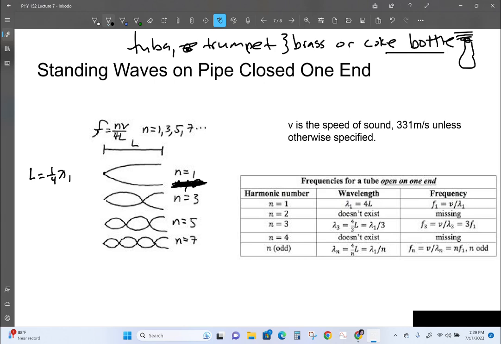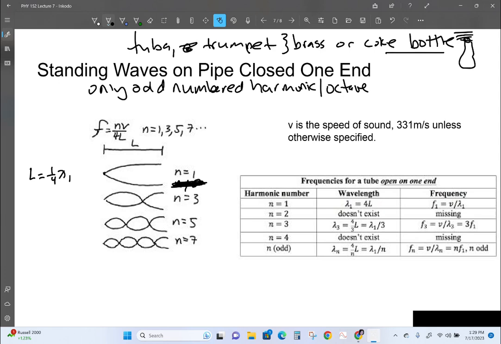So what's different about the closed end pipes and adds to the quality is that there's a limited number of frequencies that can occur with a given air column, and they only are the odd numbered harmonics. So only odd numbered harmonics or octaves can form.